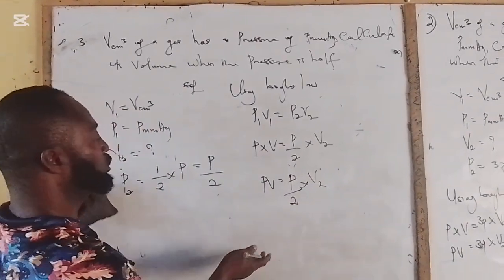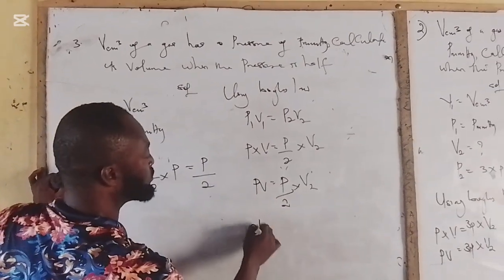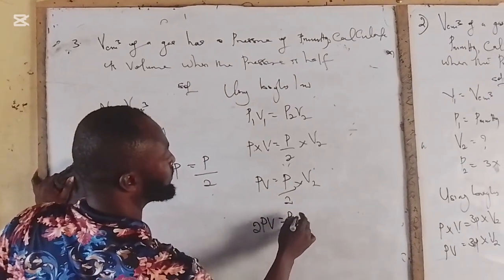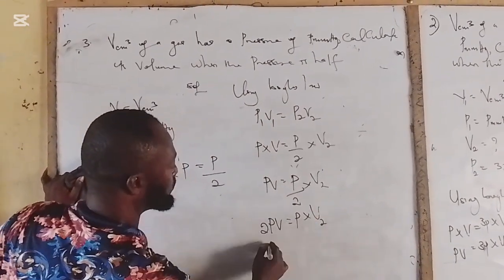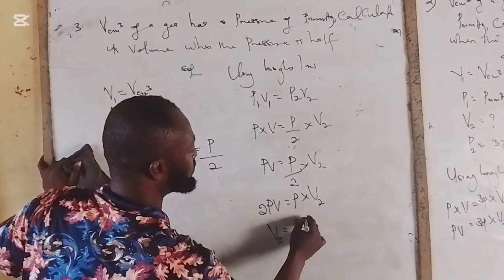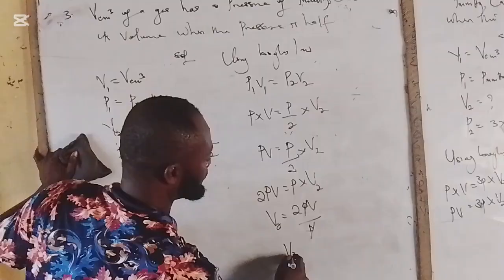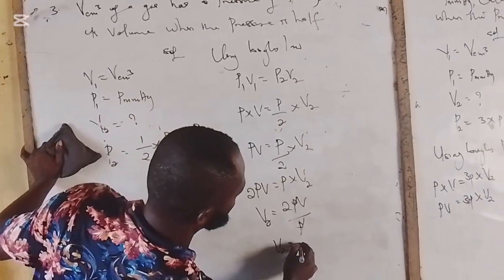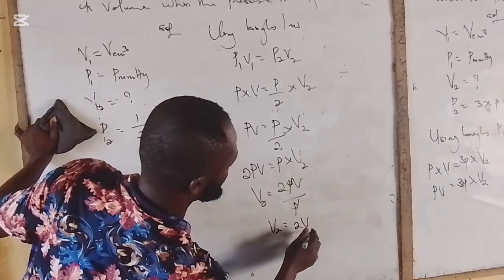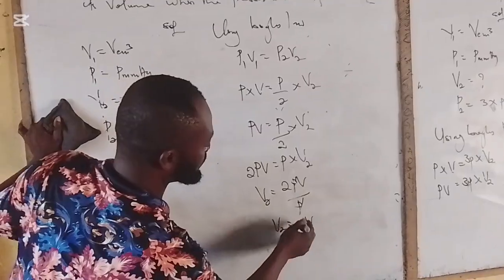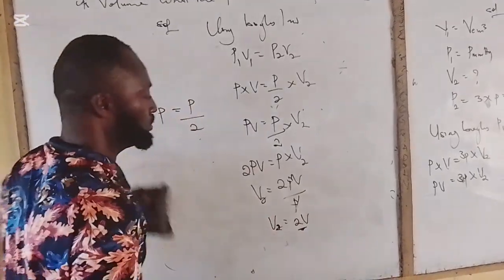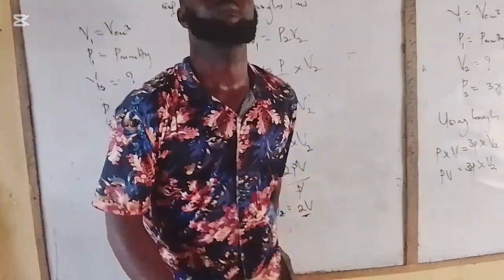So now in this equation, we multiply across to give you 2PV equals P times V2. Making V2 the subject of the formula, you have 2PV over P. P cancels P and gives you that V2 is equal to 2V.